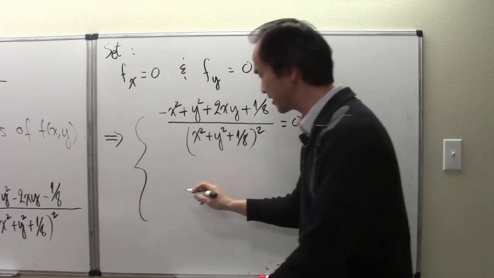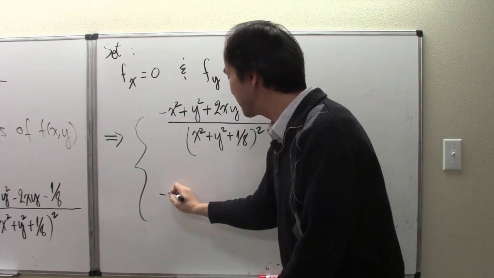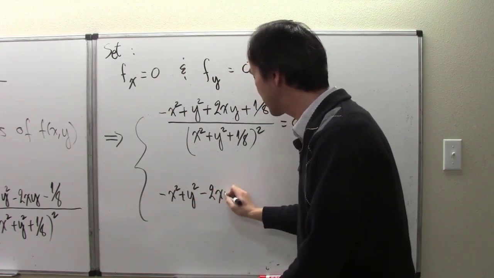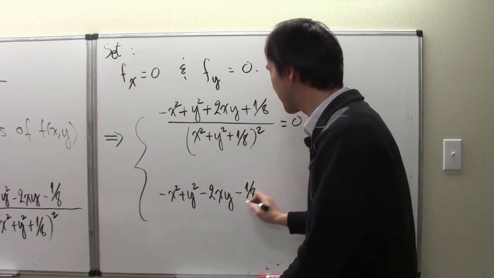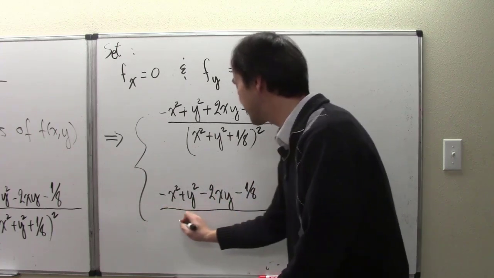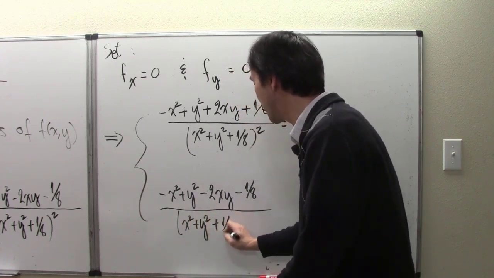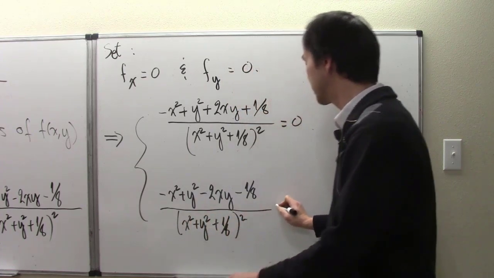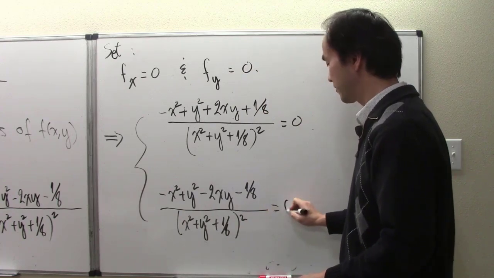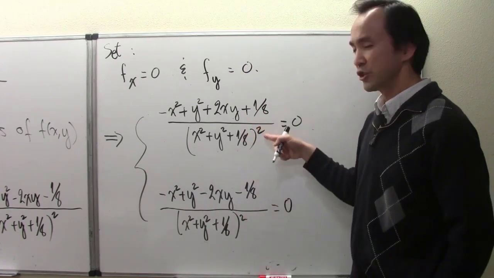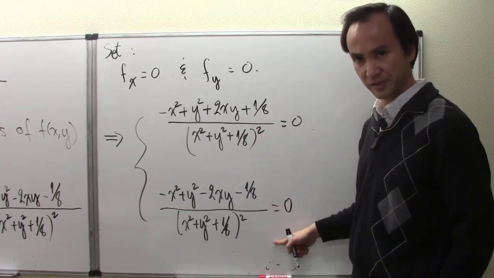And simultaneously, I need minus x squared plus y squared minus 2xy minus 1/8, all of that over x squared plus y squared plus 1/8, all squared, to equal 0. So now I have produced for myself a system of two equations.